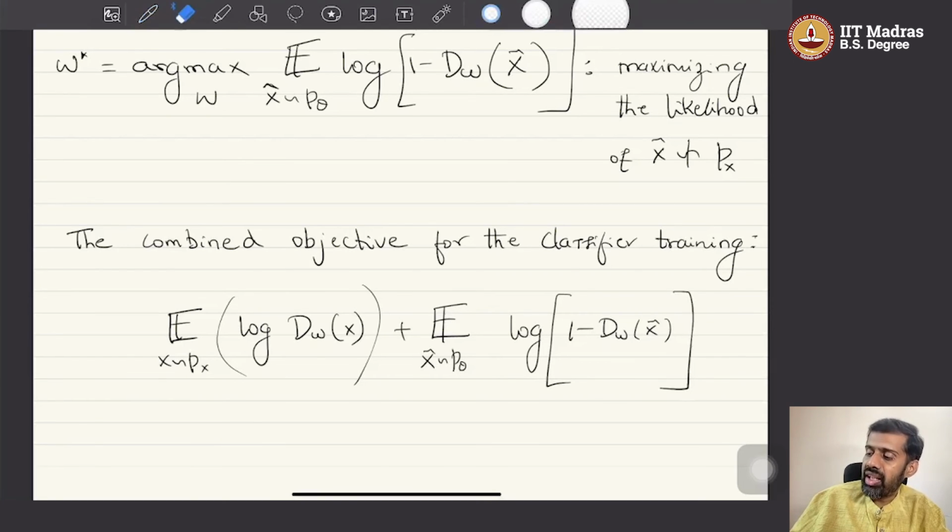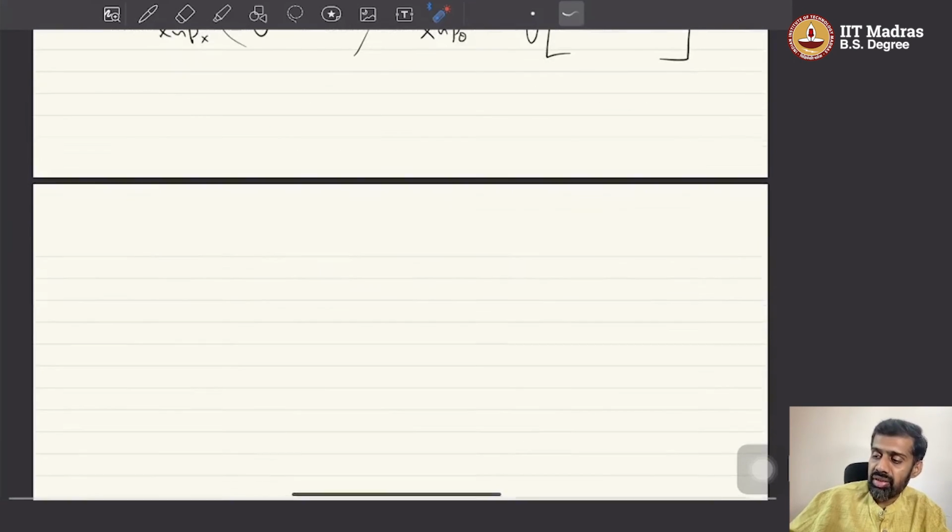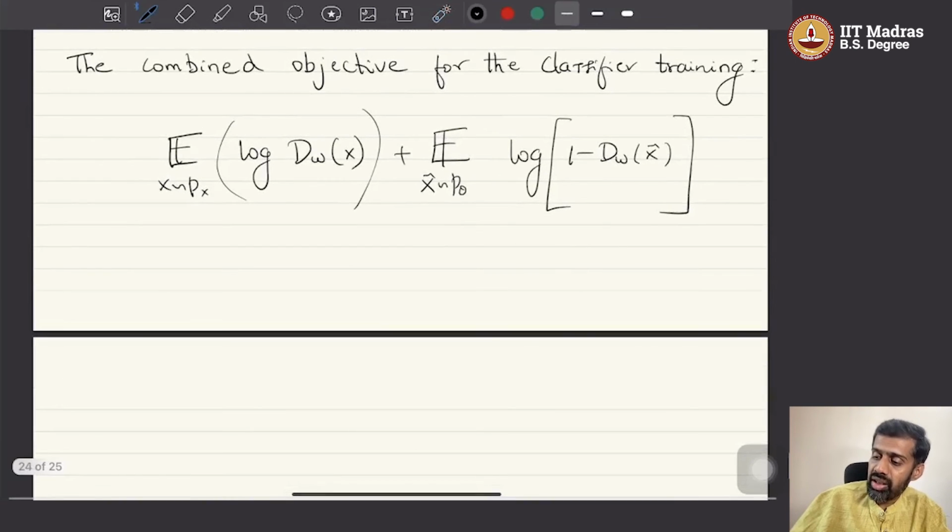So what I need is that whenever my samples are coming from px, the log of that particular likelihood has to be maximized, and whenever the samples are coming from p theta, the log of 1 minus that likelihood has to be maximized, right? So we want my w, the classifier, to be such that this objective is maximized.